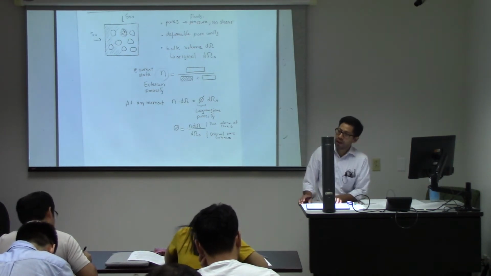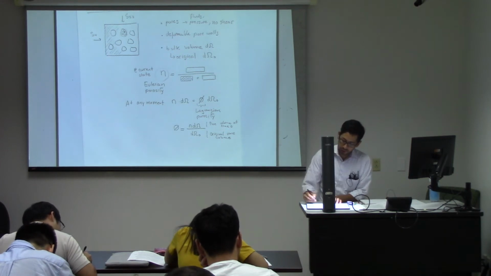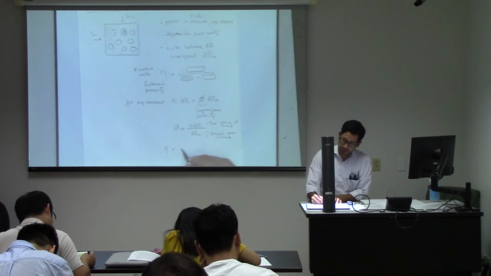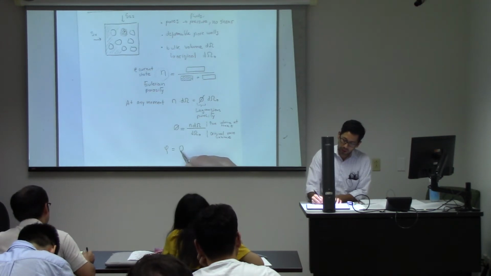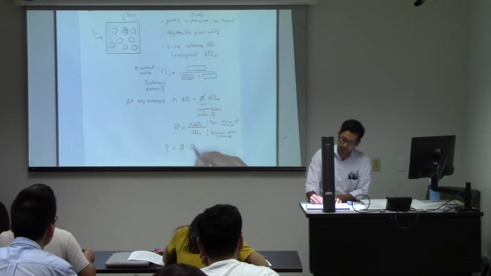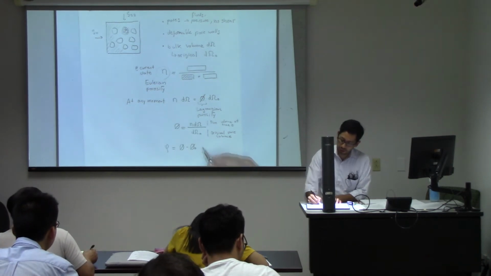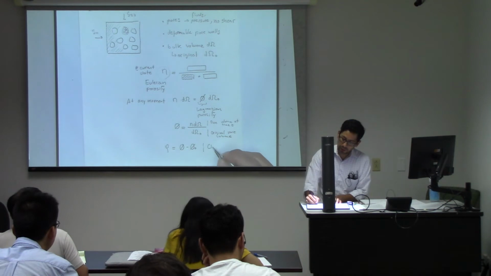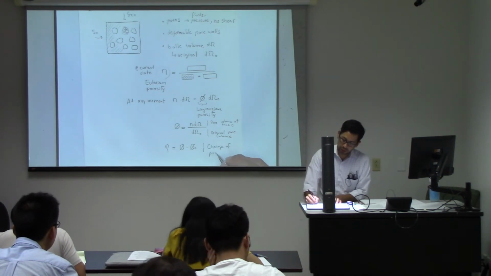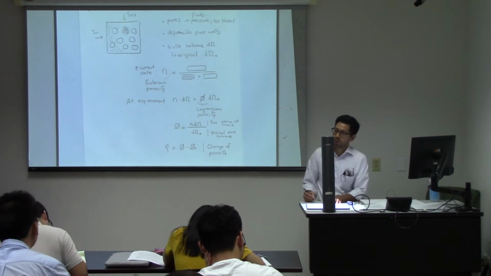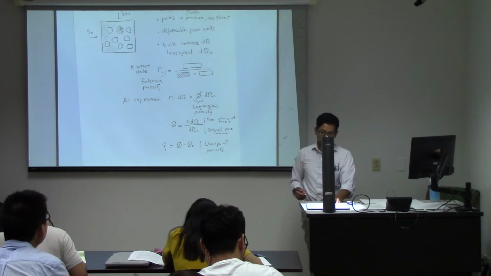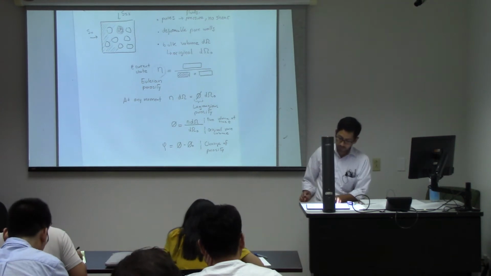And we're going to define also a variable phi, which is going to be the current Lagrangian porosity minus the original Lagrangian porosity, and this variable is going to be called the change of porosity. Yes? Isn't that denominator not the original pore volume, but just the original volume?